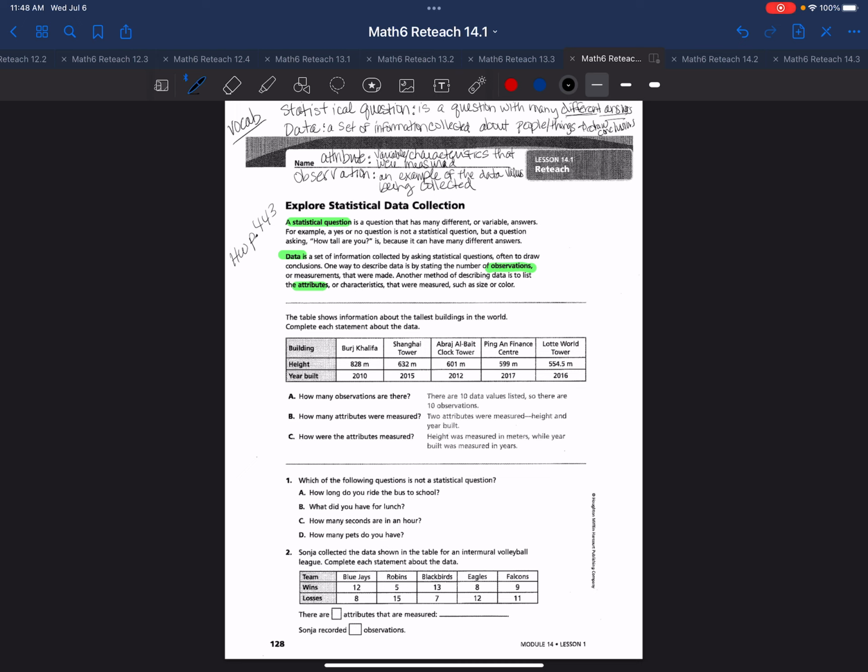So a statistical question, like I said, is a question that has many different or variable answers. For example, a yes or no question is not a statistical question. But a question asking how tall are you is, because it has many different answers.